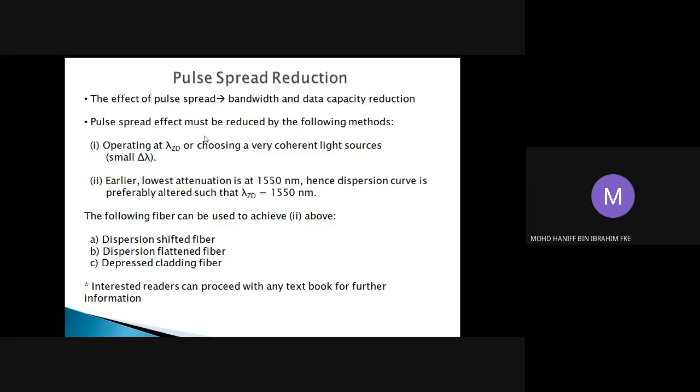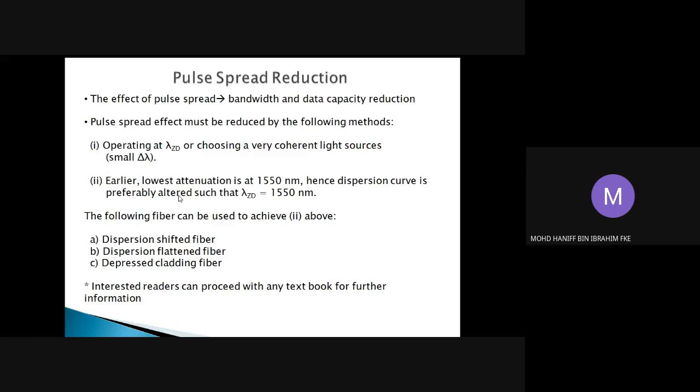Or we can also use a very coherent light source, with a very small delta lambda. So either operate at lambda ZD, or choose a very small delta lambda. We have seen before in the present example that if you have a small delta lambda, the pulse spread will also be reduced significantly. So this is the first method.